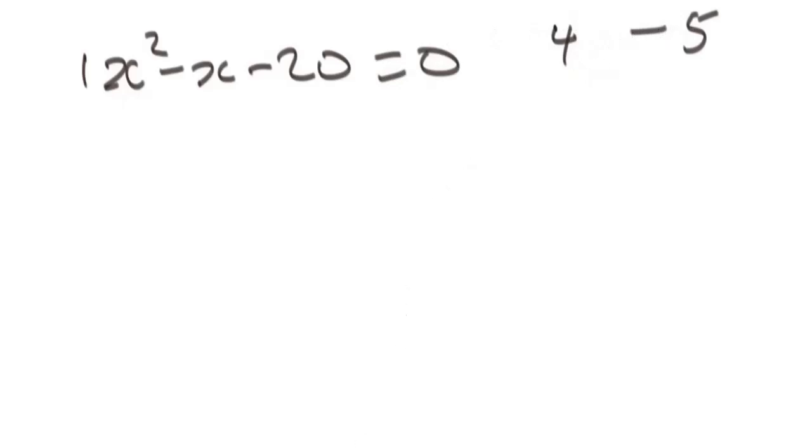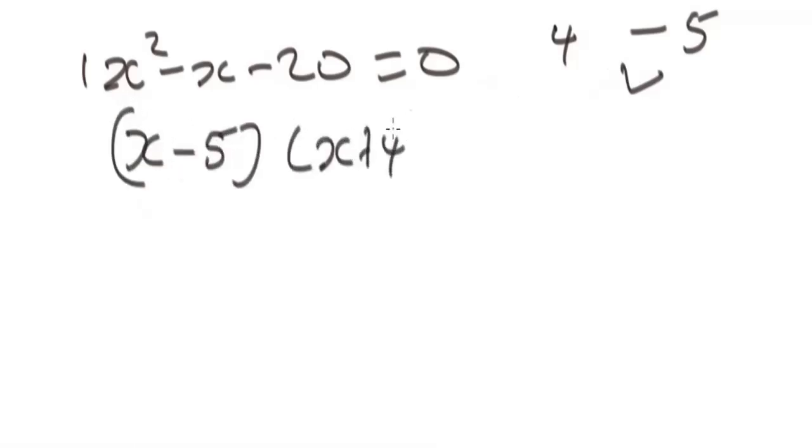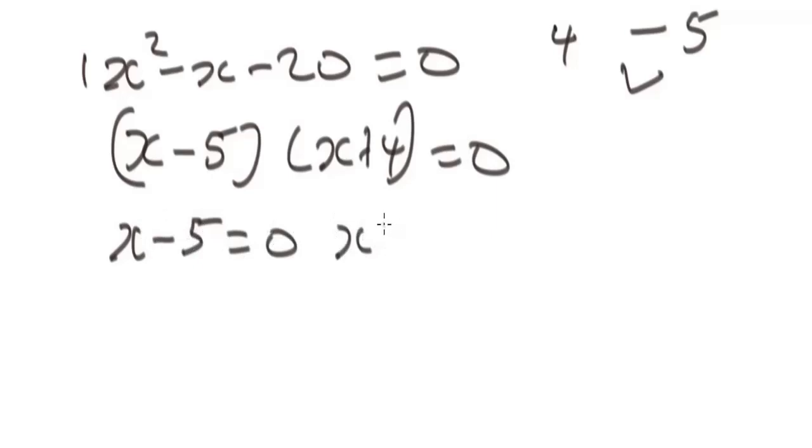Okay, so that means we are going to have x minus 5 times x plus 4 equals 0. So you equate each of the factors to 0: x minus 5 equals 0 and x plus 4 equals 0. So make x the subject.